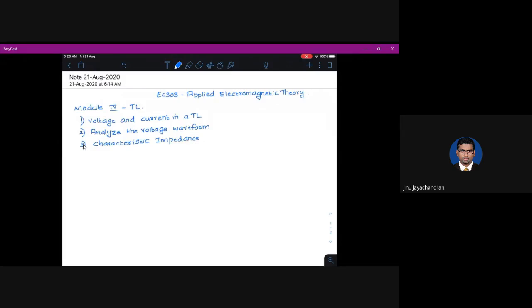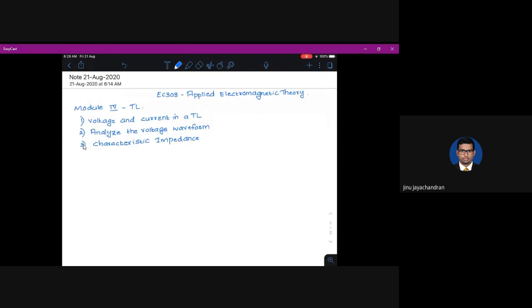In the previous lecture, we had stopped at 2 different equations of voltage and current. Now we are going to manipulate these equations so that we will arrive at a solution for voltage and current. So let me write those equations again.